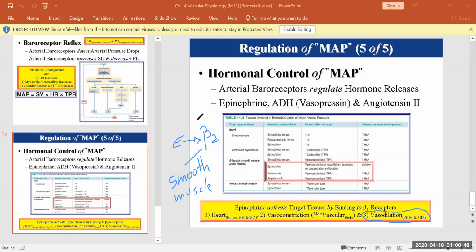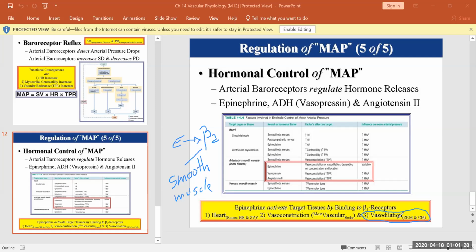Again, these beta 2 receptors are on the plasma membrane of smooth muscle cells within the wall of blood vessels perfusing skeletal muscles and cardiac muscles. So when epinephrine is released and activates the beta 2 receptors, these blood vessels dilate. In other words, they allow blood flow to increase. More blood goes to skeletal muscles, more blood goes to cardiac muscles.